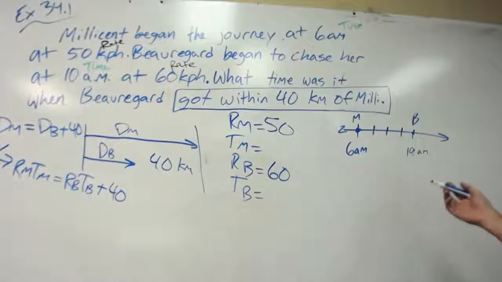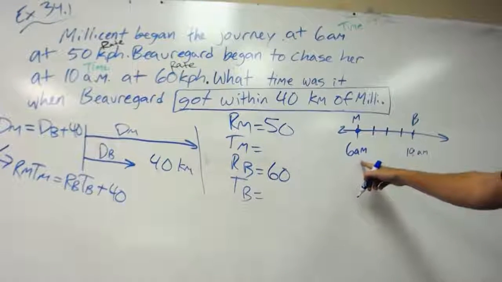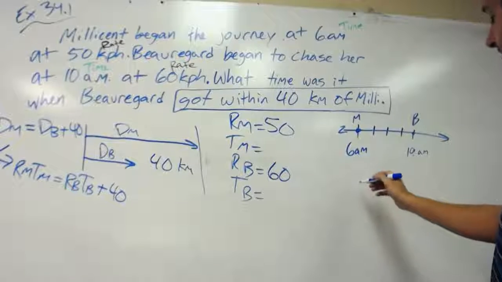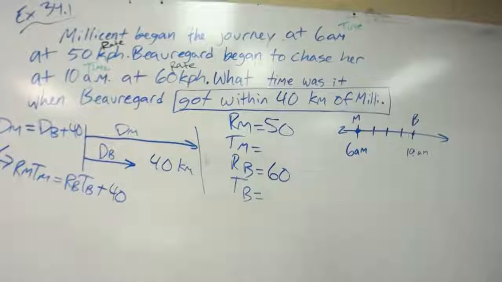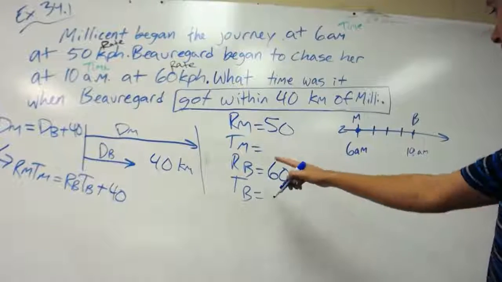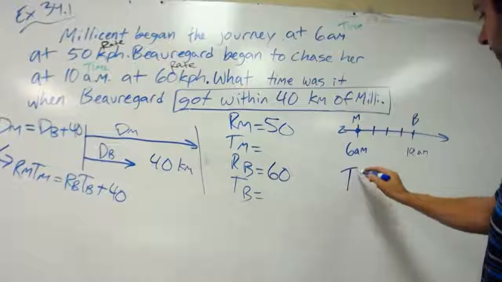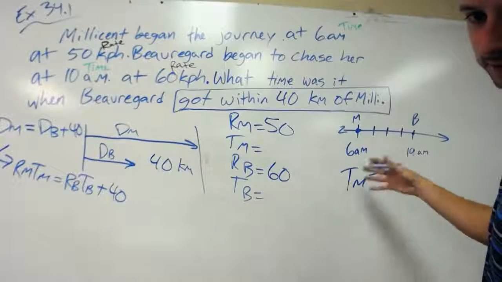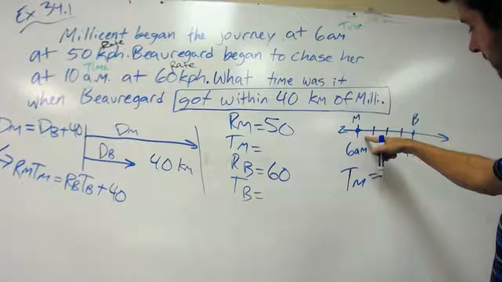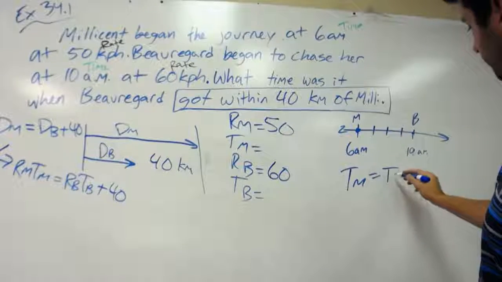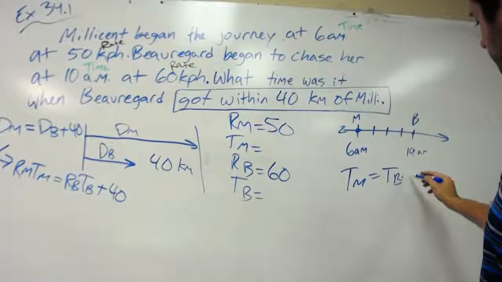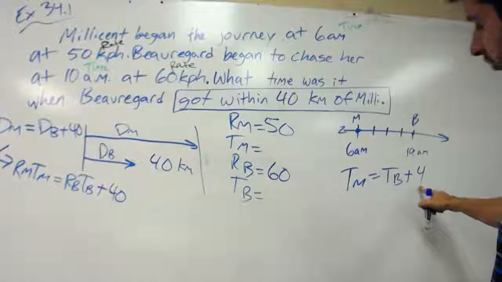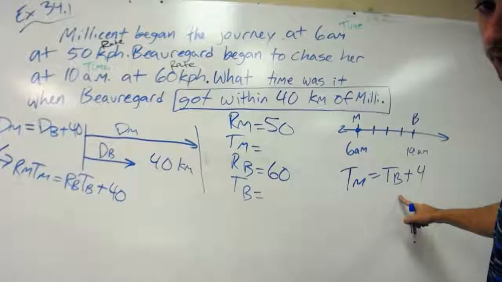Okay, well, what do we have here? There's different ways you could write about our times, but we do know that the time of Millicent, and you've got to be able to look at this and visualize it, the time of Millicent equals the time of Beauregard plus 4, because Millicent has been traveling 4 hours longer than Beauregard.